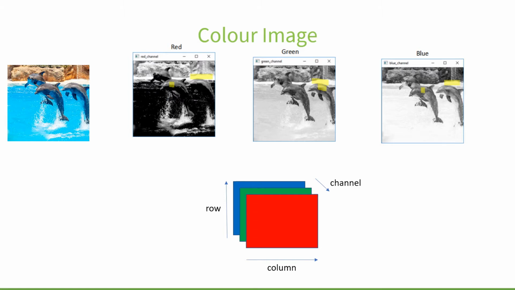Binary image means 2. So with 2 types of pixel we can represent an image. So this is a binary image where the black color is represented by 0 and the white is represented by 255.